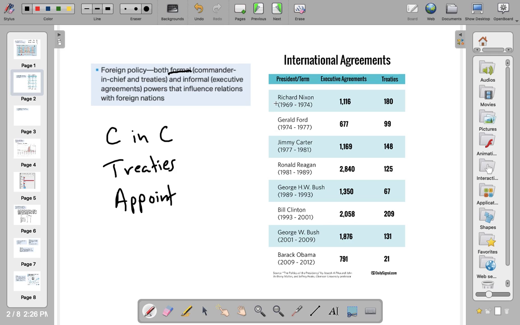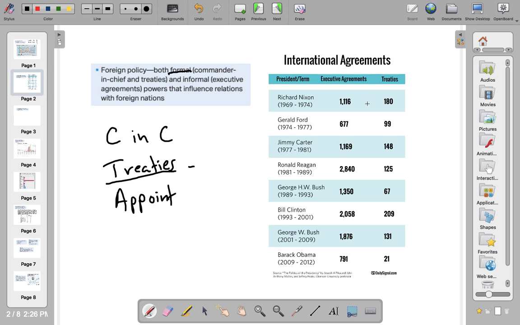Another thing the president can do is sign executive agreements. Executive agreements are kind of like treaties, but they do not require a vote in the Senate. A formal treaty must have a vote in the Senate, whereas an executive agreement is much like an executive order, where the president can just sign this agreement with another country.